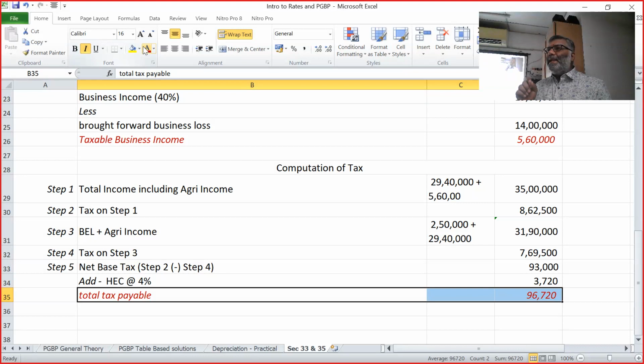Rebate is up to 5 lakhs. That is not rebate on agriculture. It's a normal rebate under 87A only if the total income does not exceed 5 lakhs. In this case, we saw 5 lakh 60,000, so no rebate.